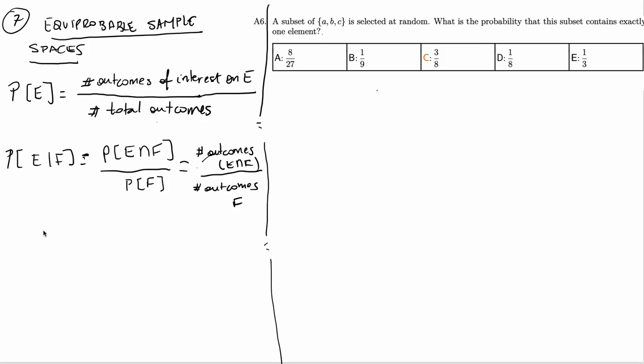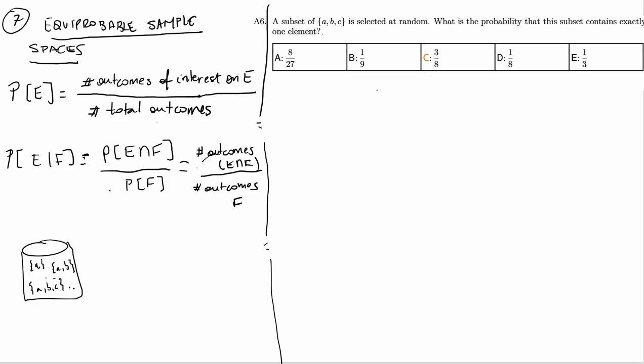So again, you have a bucket, and inside the bucket you have all the subsets. For example, A is a subset, A and B is another subset, ABC is itself another subset, and so on. You have several subsets in the bucket, and you're going to draw one.